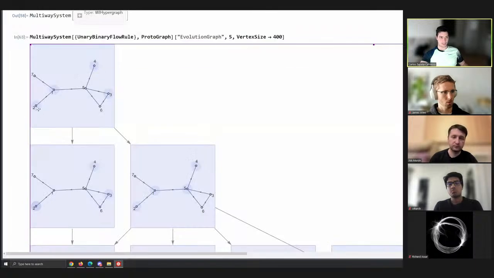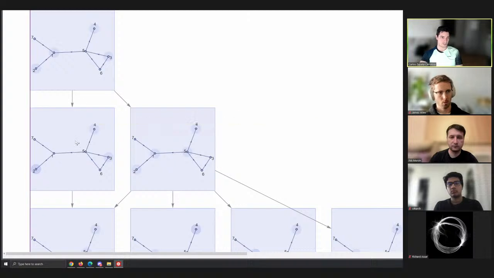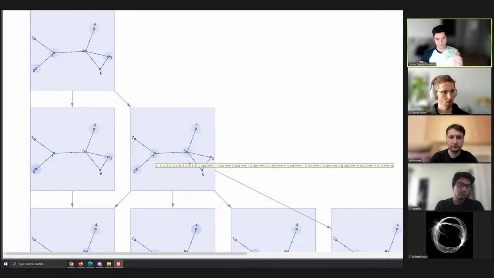Note that the unary edges on 2 and 4 are at the head of the directed edge, so that's why there's no rule application there. So in this path, we moved the package from 1 to 2, and then in this one we moved the package from 3 to 5, but of course independently.